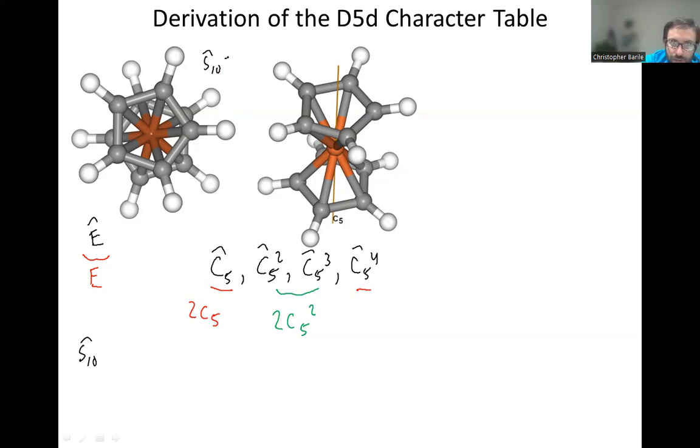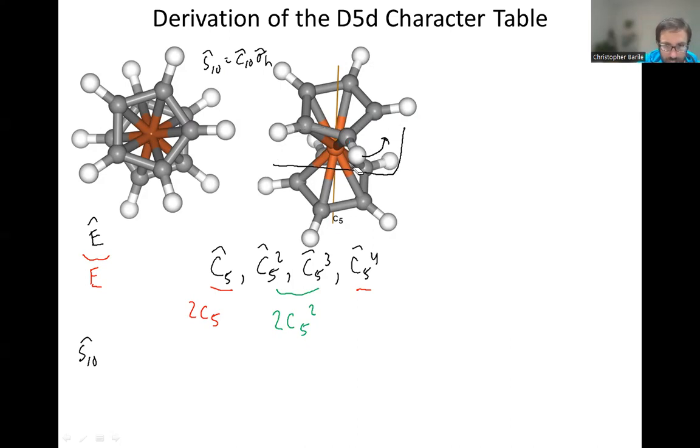Remember, your improper rotation is you do a proper rotation followed by a sigma h. So what that's going to do is a 36-degree rotation. We're going to put this hydrogen into here, not go all the way 72 degrees to the other pentagon. And then you're going to do reflection through a horizontal mirror plane, right? And that mirror plane is cutting through the central iron atom there of ferrocene.